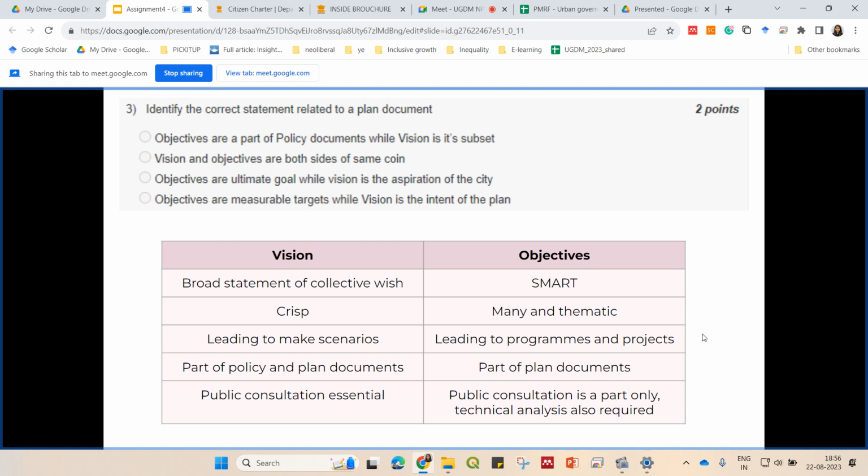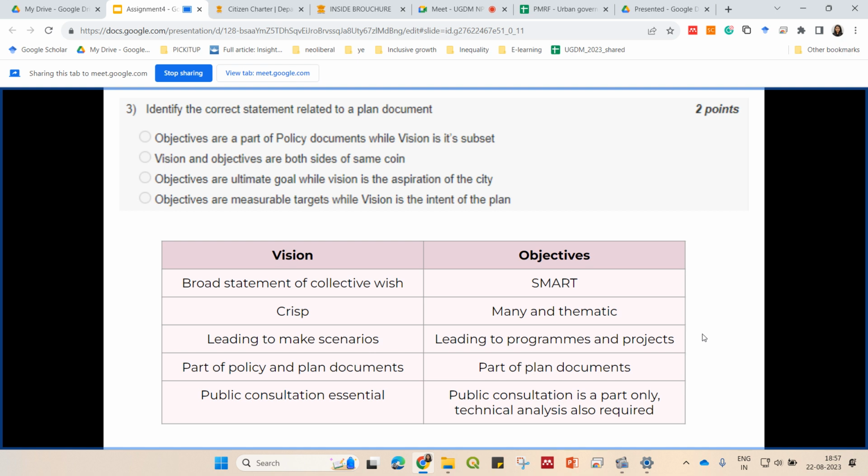A vision leads to making of scenarios that in this scenario city wants to do this, or in this scenario city wants to do that, or the city wants to proceed with its development in such a way that this would be the scenario of the city in the future or in the recent times.